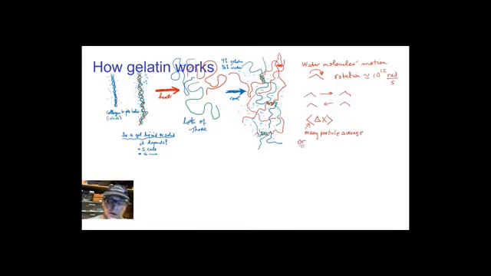Or it can be one particle, and those are the same for most samples.